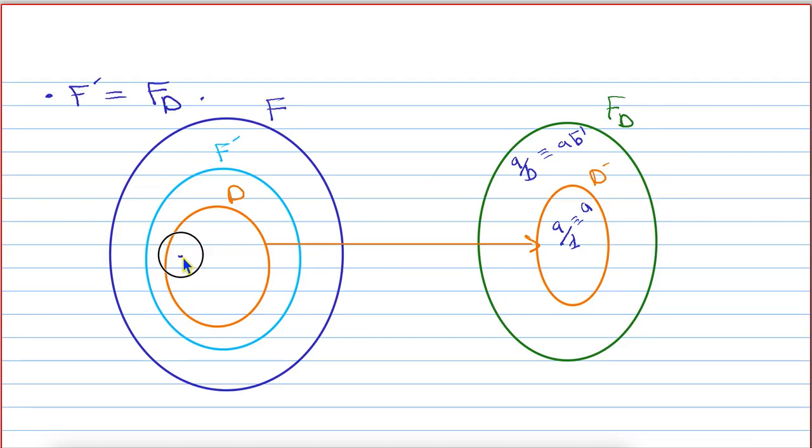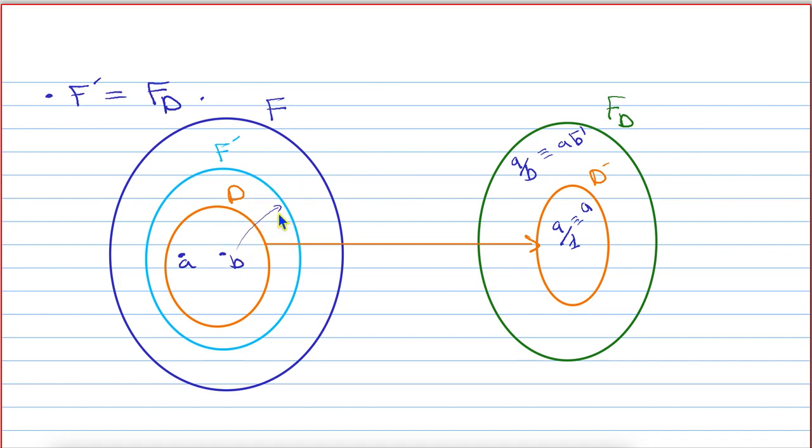Now where are a and b? A and b are elements of the integral domain D, right? And every nonzero element in D has its inverse necessarily in F, because F is a field.